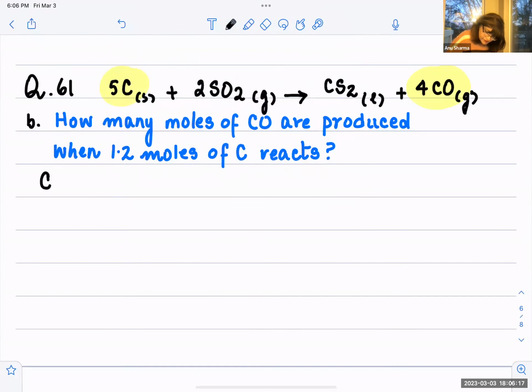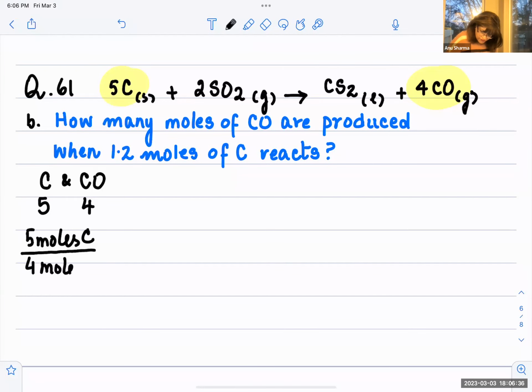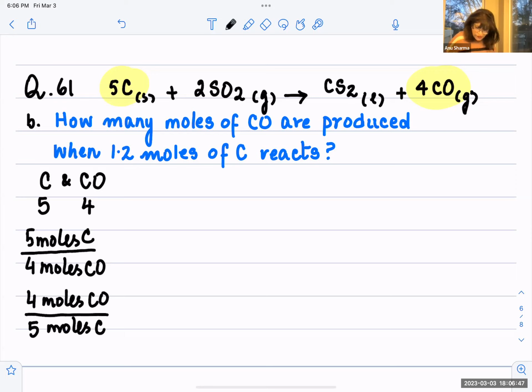So carbon, relationship of carbon with CO, carbon monoxide: 5 moles of carbon are producing 4 moles of CO. So let's write the mole factors. 5 moles of carbon over 4 moles of carbon monoxide, or 4 moles of carbon monoxide over 5 moles of carbon. So these are the 2 mole factors.